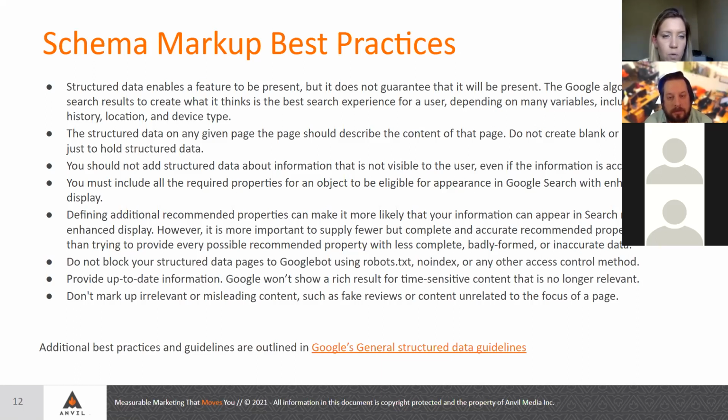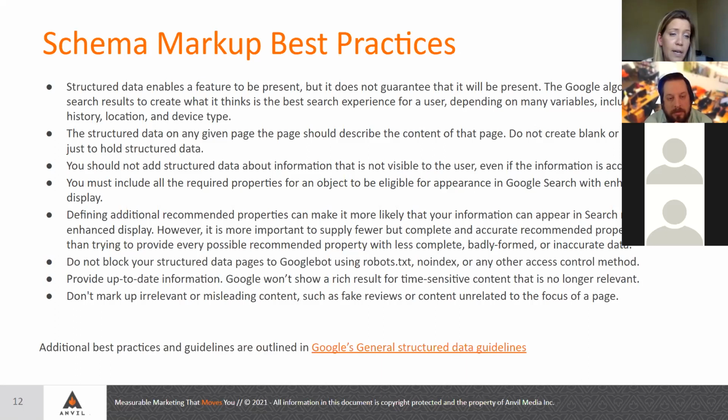So if you have the ability to add additional recommended properties, by all means do so, but always make sure that your code is accurate, because we all know Google will definitely flag anything that's inaccurate or code that doesn't adhere to best practices.